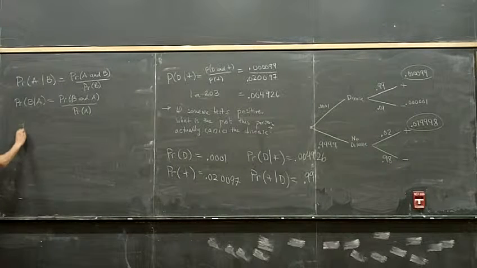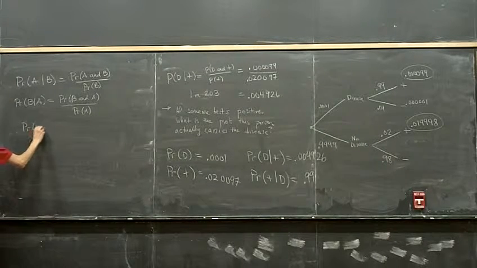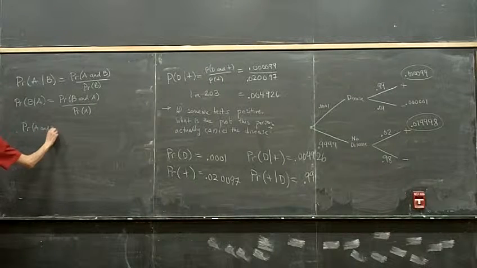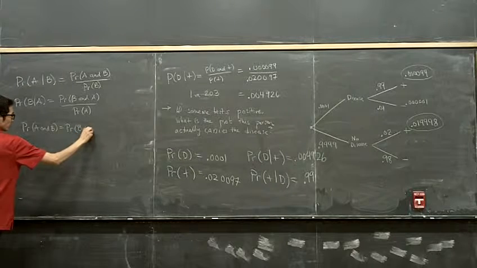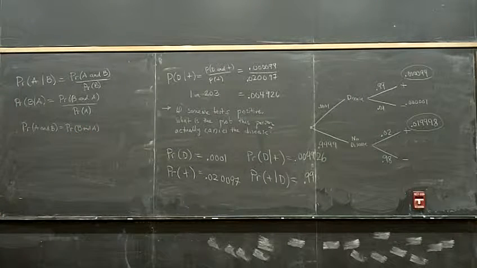And you should know that the probability of A and B is equal to the probability of B and A, so that doesn't matter. This applies to all events, dependent or independent, it doesn't matter. This is always true.